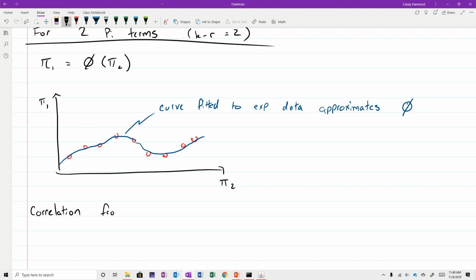Correlation, again, applies to any problem governed by the same physics.